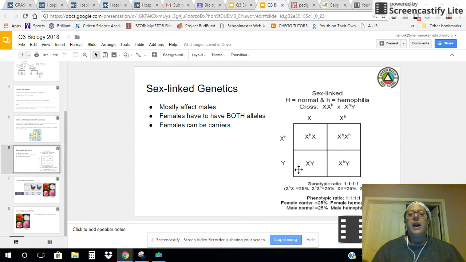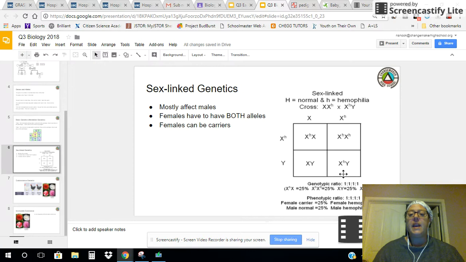Over here, you have a Y from the male being crossed with an X from the female. We put these in alphabetical order. And if you notice, this male is not affected. And that's because this is an X trait. And this X up here did not have the trait on it. So when it mixed with this Y to make this boy child, that boy child is healthy.